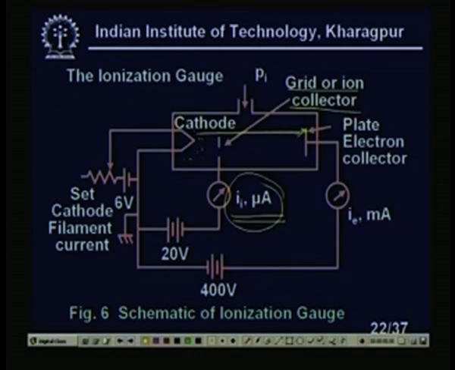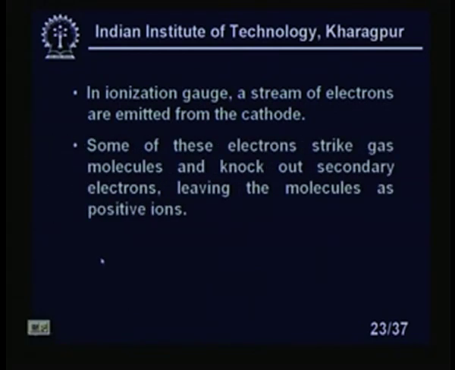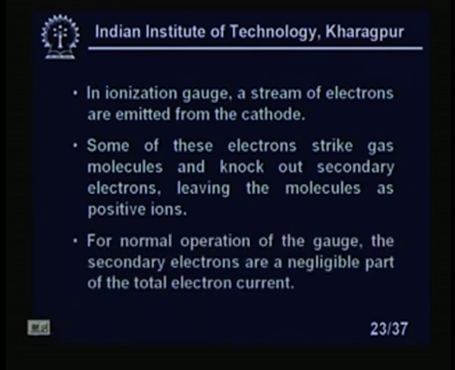Let us look at it. In the ionization gauge, a stream of electrons is emitted from the cathode. Some of these electrons strike gas molecules and knock out secondary electrons, leaving the molecules as positive ions, as I said. For normal operation of the gauge, the secondary electrons are a negligible part of the total electron current, because electron current is already existing there, is not it?